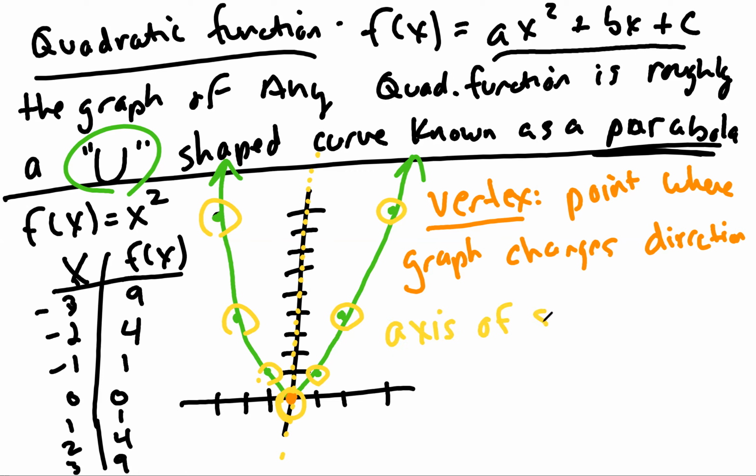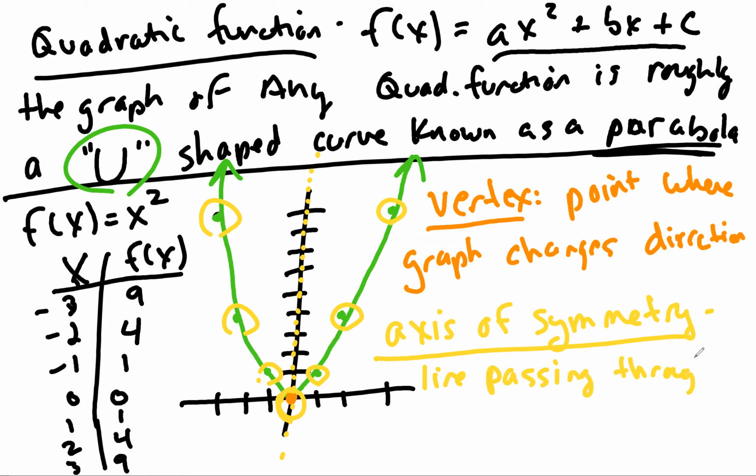This line is important because it's a line passing through the vertex, and it cuts the parabola into mirror images.